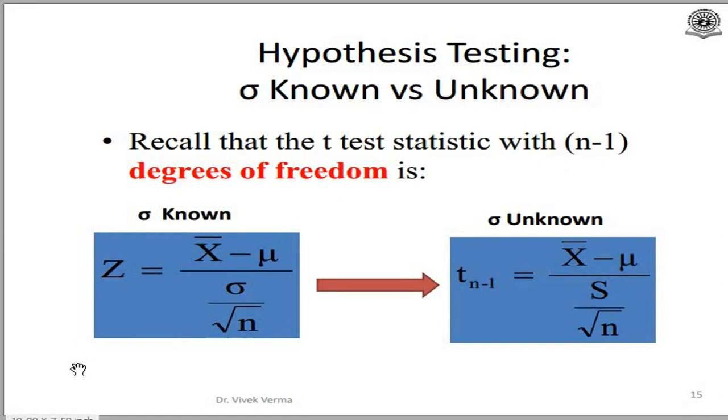Where sigma is an unknown quantity, the T test is the alternative to the Z test. Here the degrees of freedom is the total sample size minus the number of unknown parameters. Here we have considered two parameters, mu and sigma, where S denotes the sample standard deviation as a substitute for the population standard deviation. Therefore, the degrees of freedom will be n minus 1.